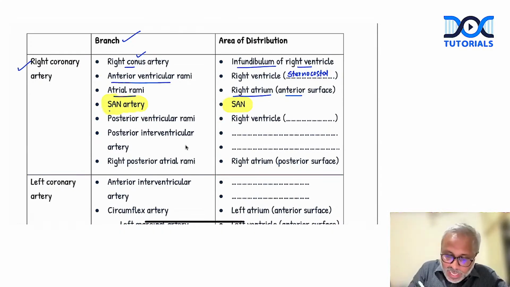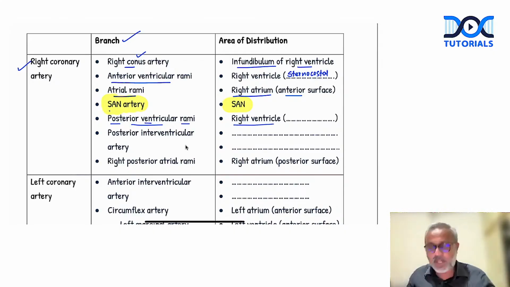Next, we have the posterior ventricular rami. As the name suggests, they supply the right ventricle. But what surface? This supplies the posterior surface of the right ventricle. Are we clear? Right.